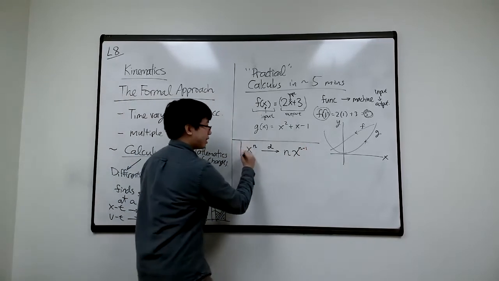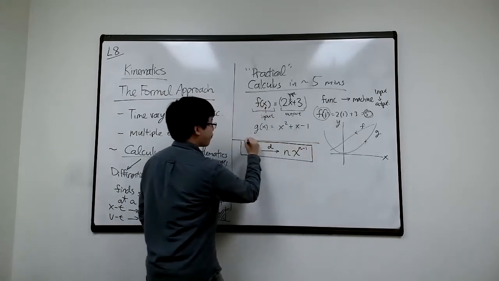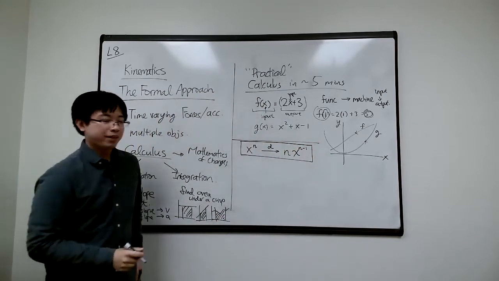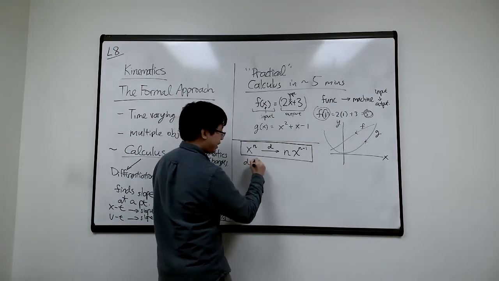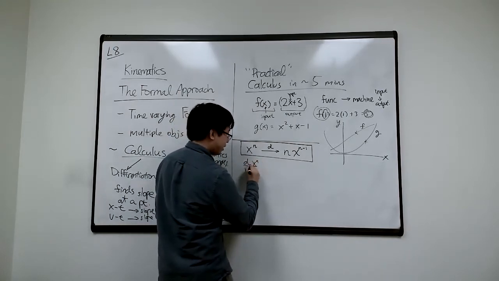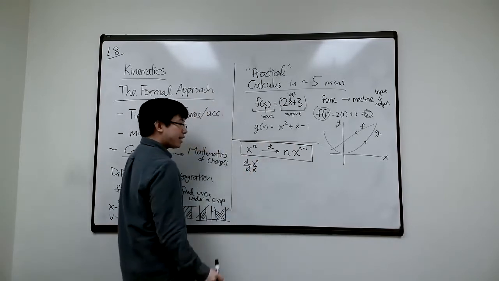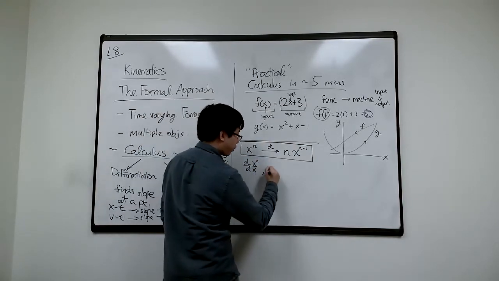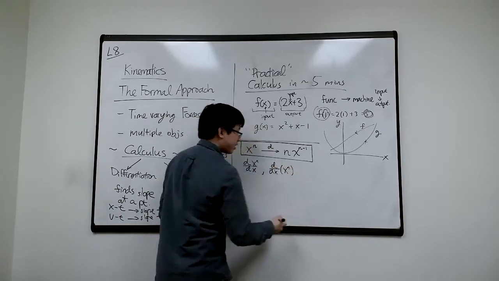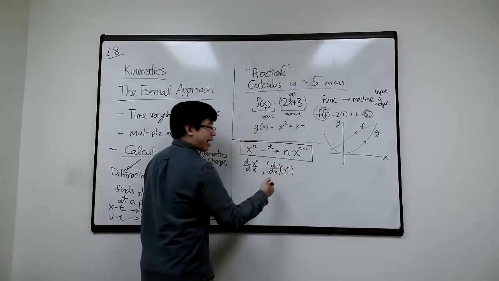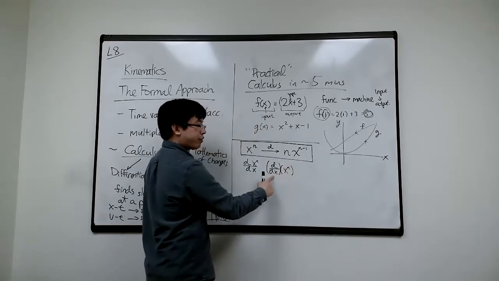That is the thing you want to put in a box. This is not the official notation, but it's easy to remember, okay? The official notation is this. You want to write d x^n dx, okay? This is one way to write it, or you can write d dx of x^n. So this tells you to differentiate this with respect to x.